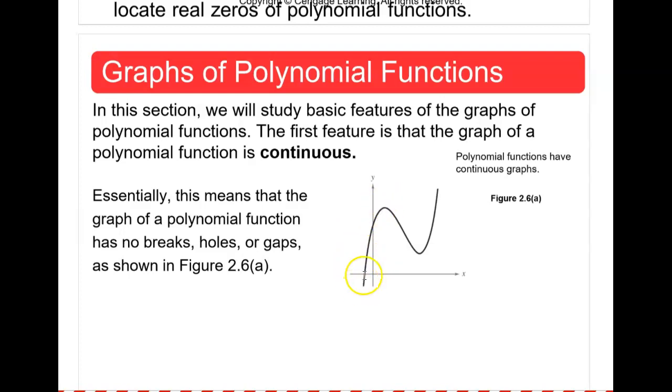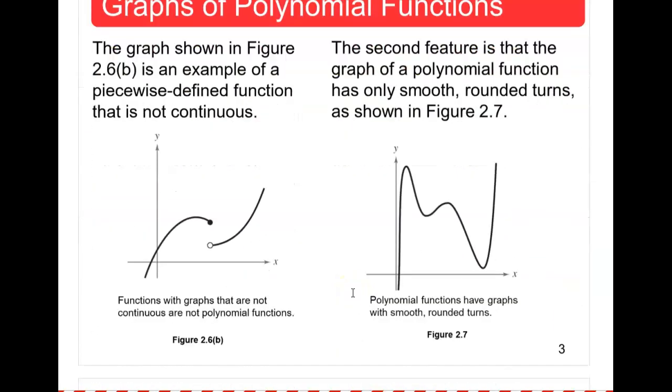As you can see, there are no breaks or gaps in between, like for example a piecewise function, or the step integer function, or a rational function. These ones are not continuous. Continuous essentially means that the graph of the polynomial has no breaks, no holes, no open circles, or gaps.